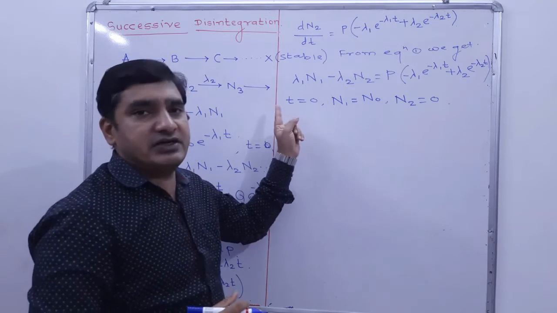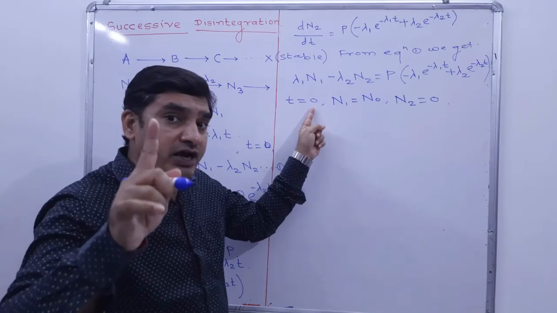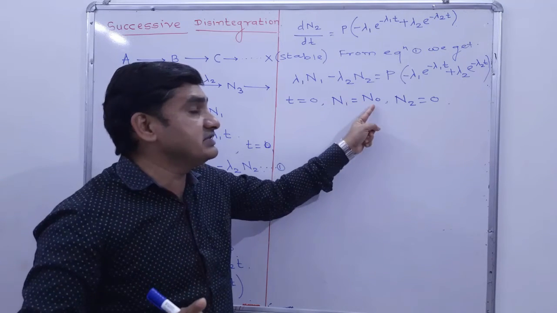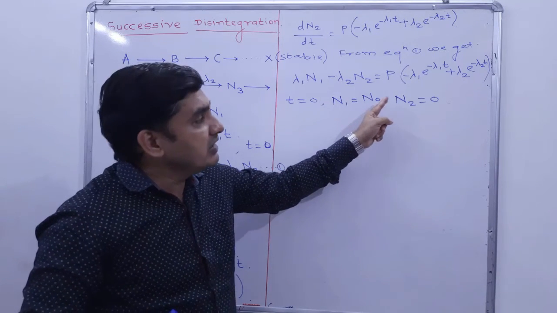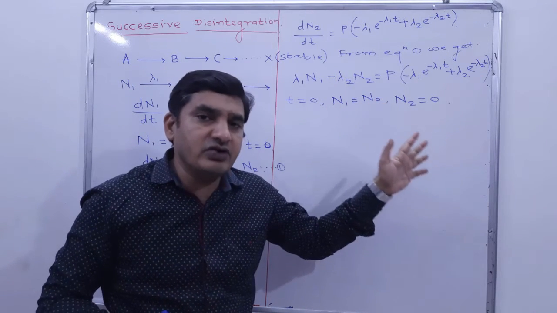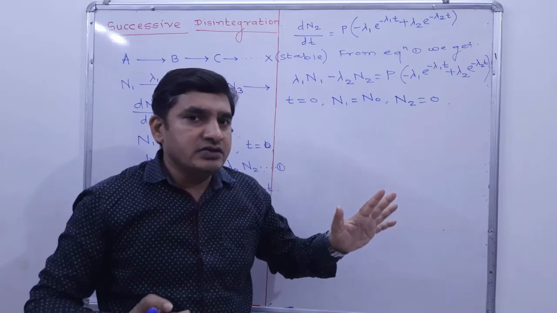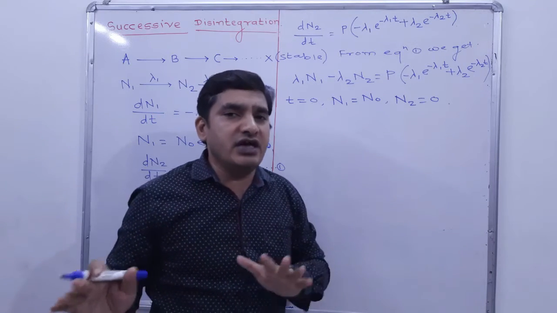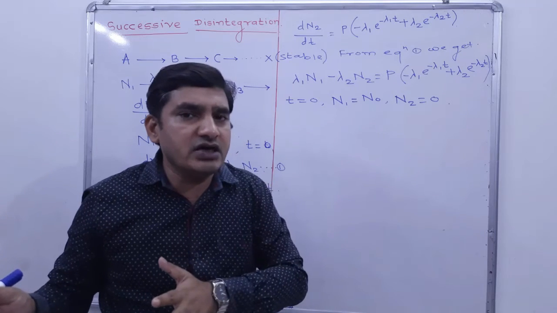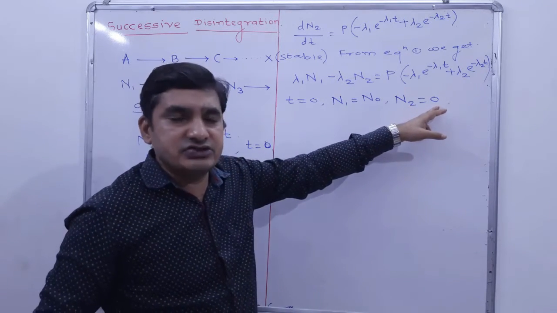At the initial time, when t is equal to 0, the number of radioactive nuclei for the parent is considered as N0. And if there are N0 radioactive nuclei for the parent, the parent has not disintegrated, so we do not obtain daughter, and therefore N2 is considered as 0.